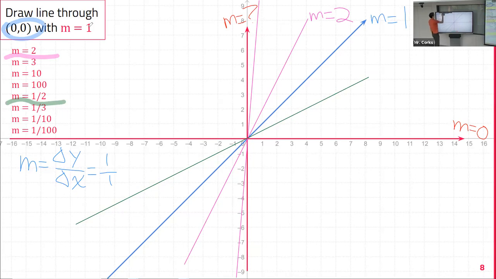So here's our slope 2. And then if we think m equals 1/3, 1/10, 1/100, same idea. We're just going to get really, really shallow lines like this.